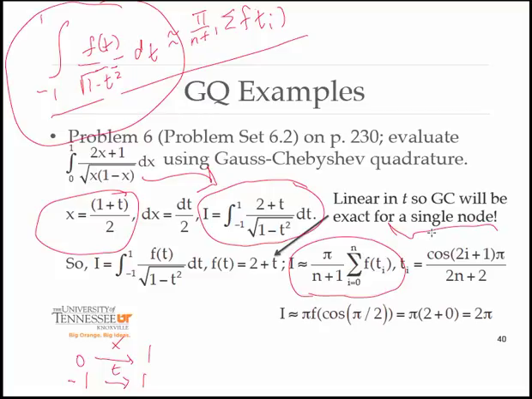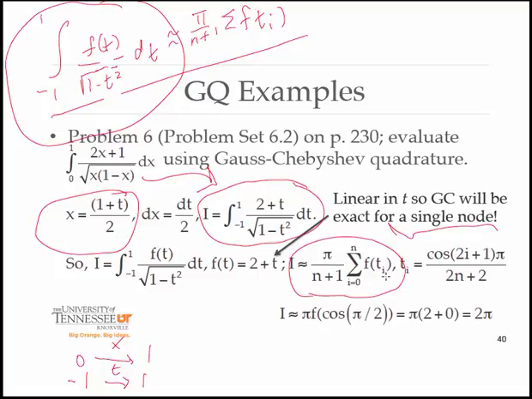And then if you add up any number of nodes for this particular rule, you know it's going to be exact. So if it's going to be exact for any number of these nodes up through 2n plus 1, then just a single node will be sufficient. For a single node, we'll only have one particular value for t, just one t0 and one weight.